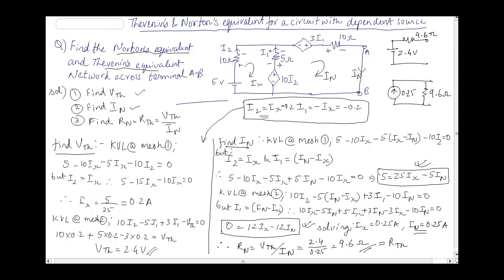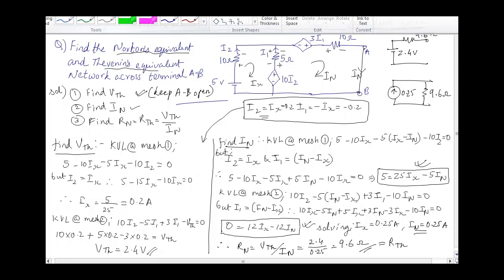So by using this method, we can find out either Norton's equivalent or Thevenin's equivalent. So once again, for the case of dependent source, remember very clearly, you first need to find Vth by keeping A and B terminals open.